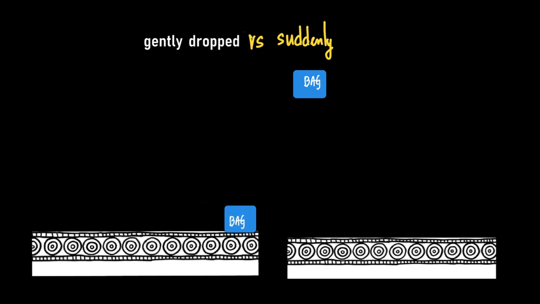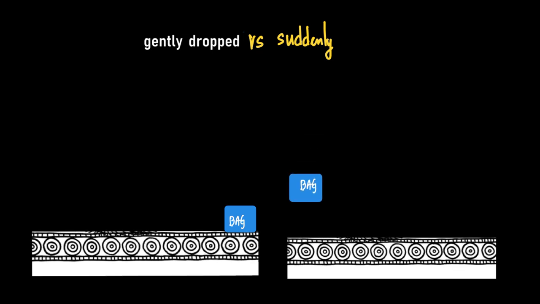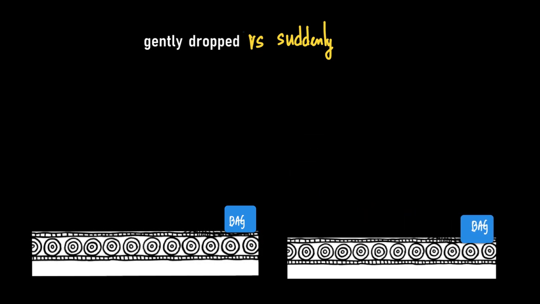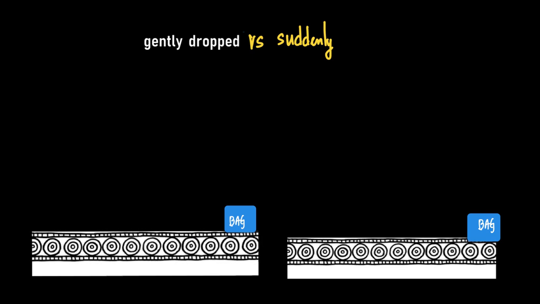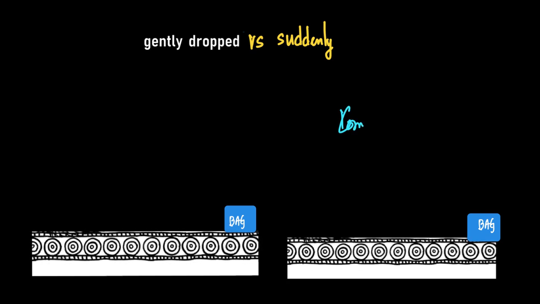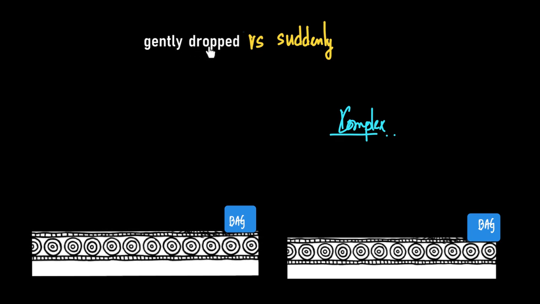However, if you drop it suddenly, it will fall on the belt, bounce maybe a couple of times, and then acquire the velocity of the belt. So this condition would make the problem really complex to solve. That's why the question specifically says gently dropped.